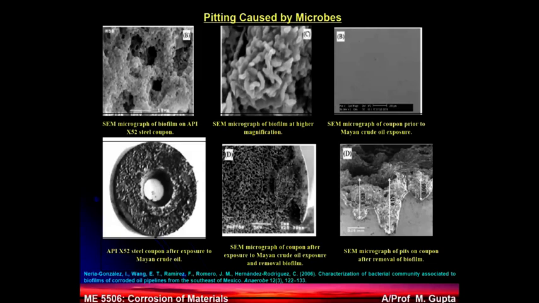So this is the difference. And here's the part with the bacteria. Once you clean this bacteria away, you see a lot of pits formed here. And if you look at the cross section, you see that these pits can really go inside in depth. And that is where you can almost compromise on 70% of the thickness of the pipe when you have the failure situation.